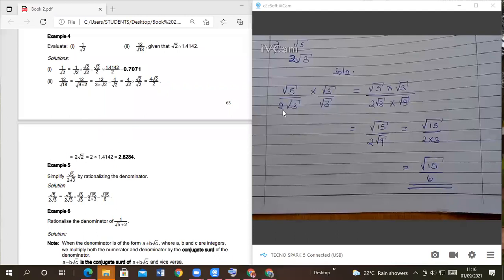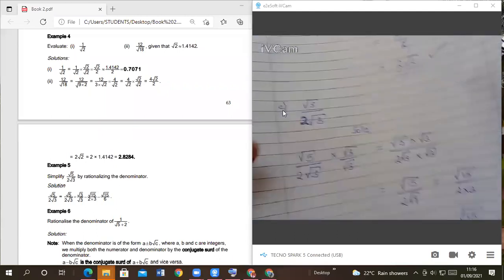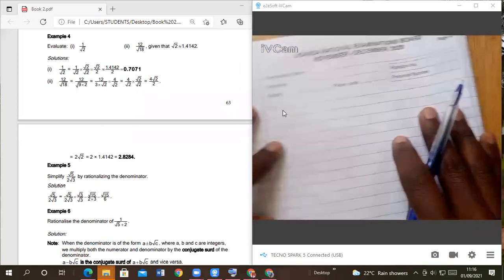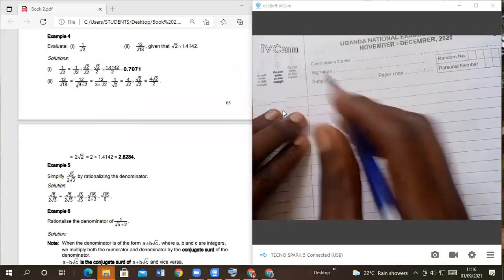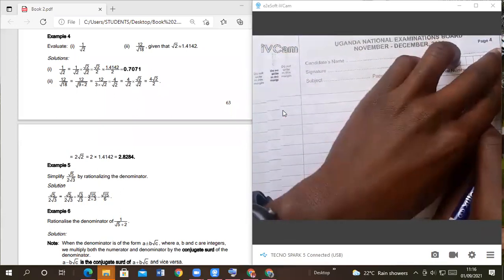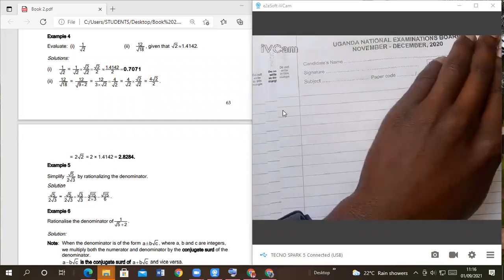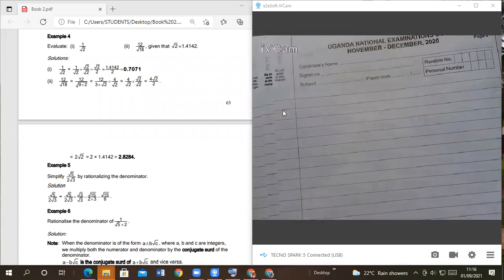There's no problem with taking both, but you have to be conscious of common factors. You must always keep on simplifying.